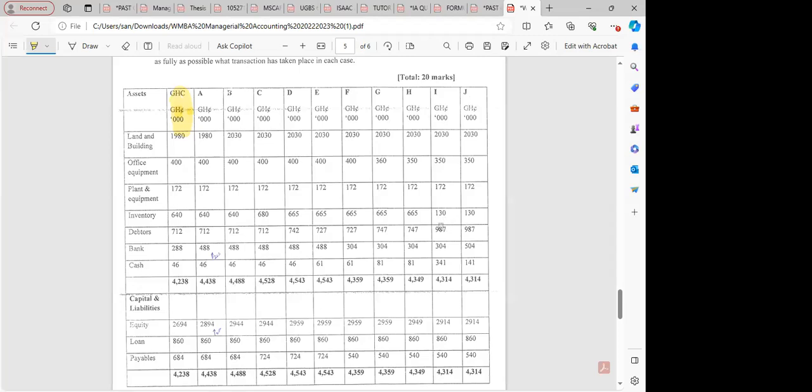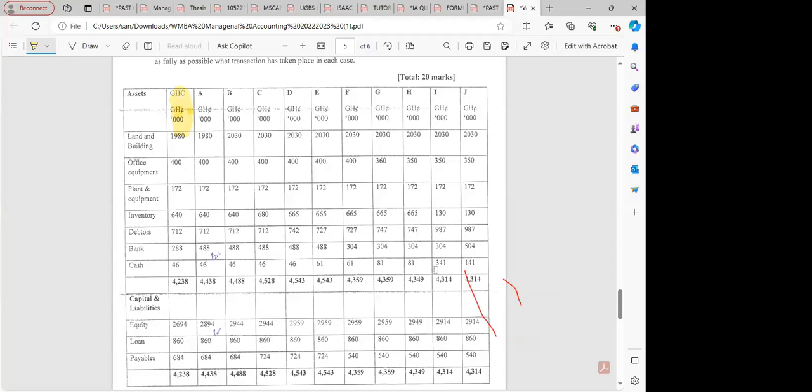Okay. Then we have debtors going up from 7.4 to 9.87. So debtors by 240. Okay, that's great. 240. So let's put that down. Debtors is increased by 240.